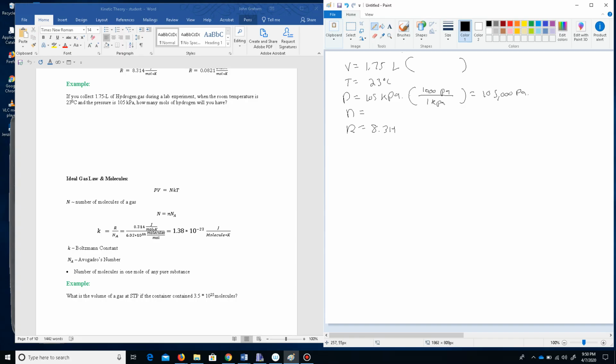What I do remember is this: 1 liter is 1,000 milliliters, and 1 milliliter is 1 centimeter cubed.